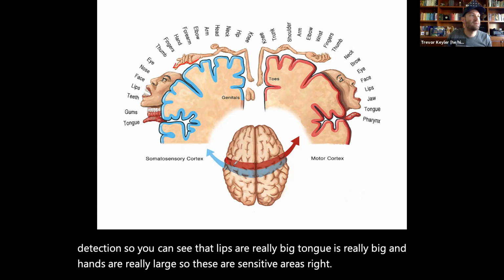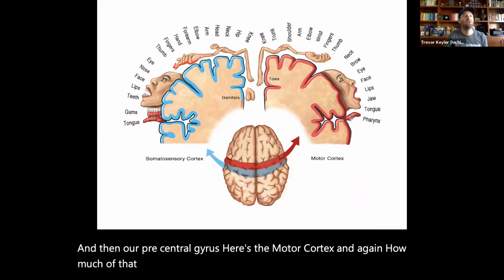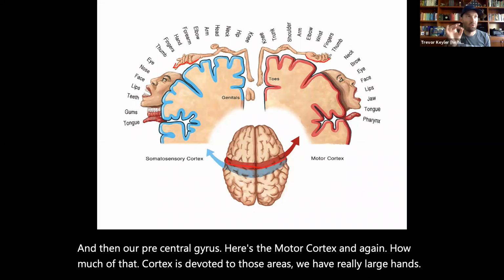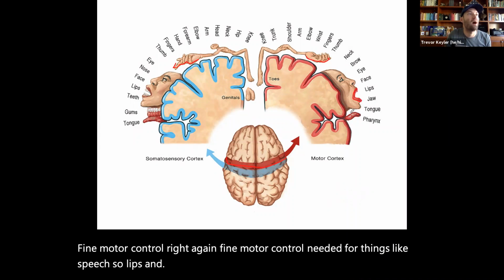And then our precentral gyrus here is the motor cortex. And again, how much of that cortex is devoted to those areas? We have really large hands. Fine motor control, right? Again, fine motor control needed for things like speech, so lips and jaw, I guess, and tongue.